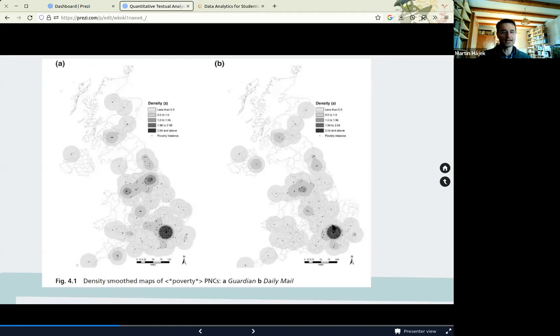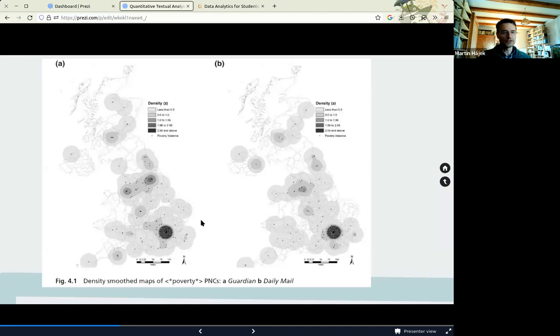And at first sight, there is no huge difference in terms of density of mentioning some place together with the word poverty. So it means in the central, metropolitan area of London, there is the highest density of articles mentioning London and poverty, while in the rest of the UK, the density is lower.